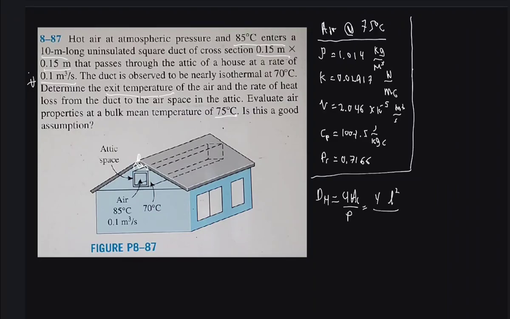The perimeter of the square is 4L. So an L gets canceled out and the 4's get canceled out. We're left with the diameter, the length L, which is 0.15 meters.